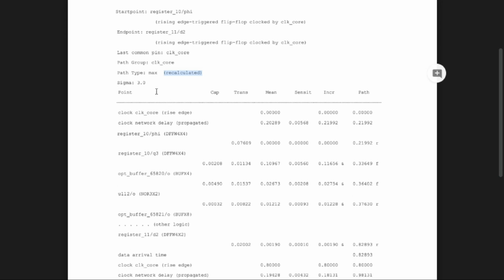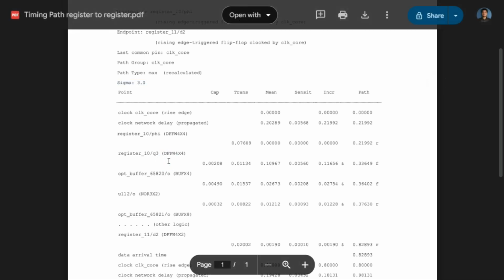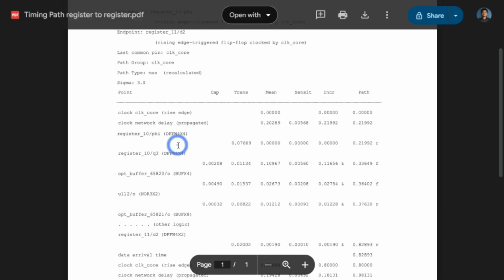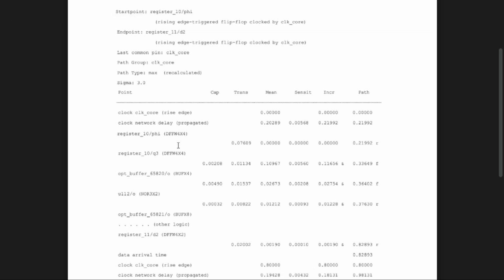All right, so next comes the sigma. So sigma is mentioned here, which means this path is basically generated based on the OCV variations. All right, so OCV especially in this path is reported based on the latest POCV, parametric on-chip variation, where the delay will be calculated by mean plus n times the sigma.